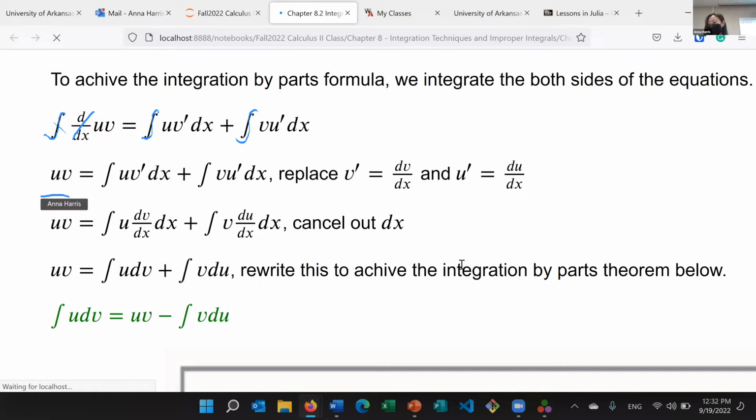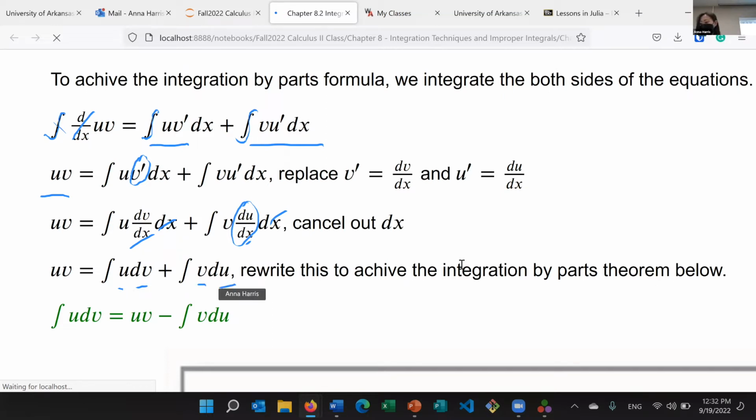You rewrite this as u times dv/dx, then dx and dx cancel out. So you have u times dv plus v times du.